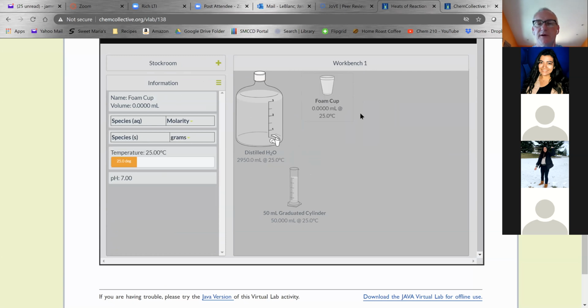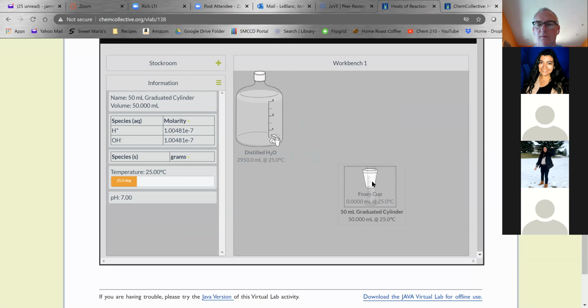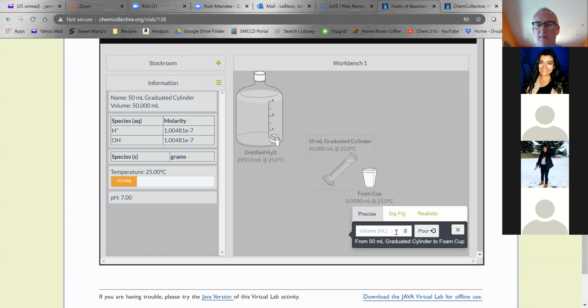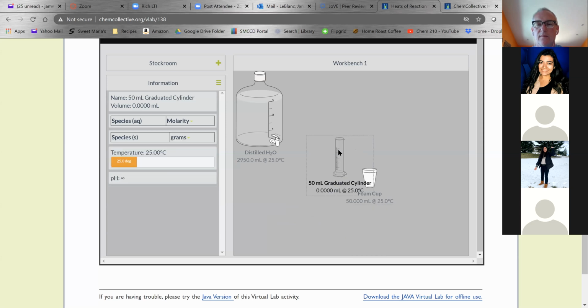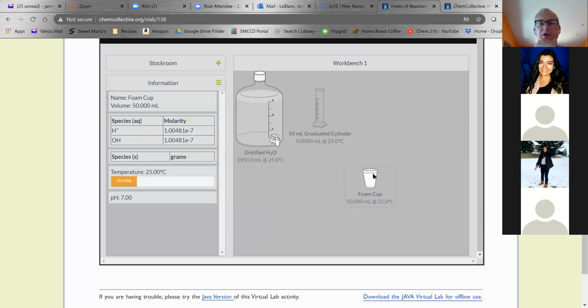And then I transfer that to my foam cup. When you click on the cup, you see it gives you the temperature. So this is our initial temperature, 25.00 degrees.